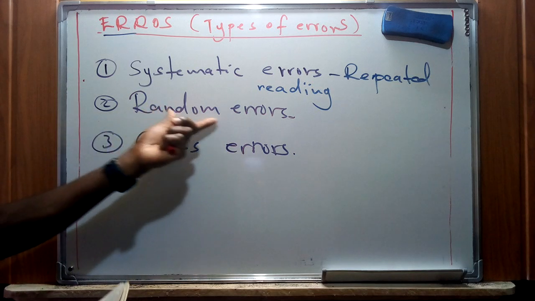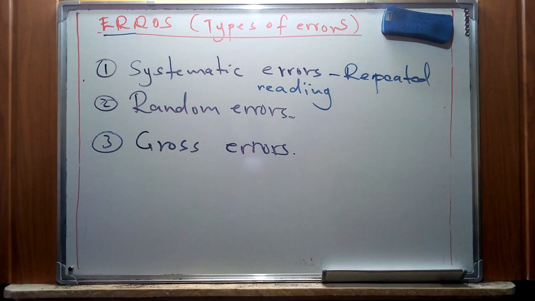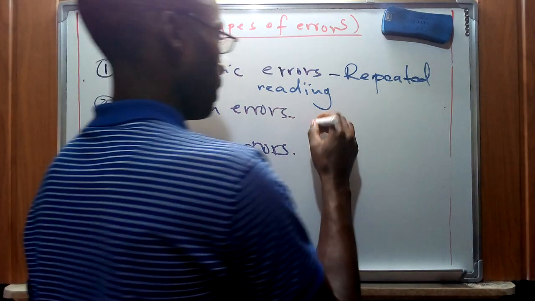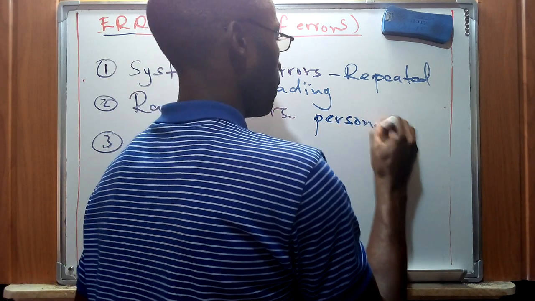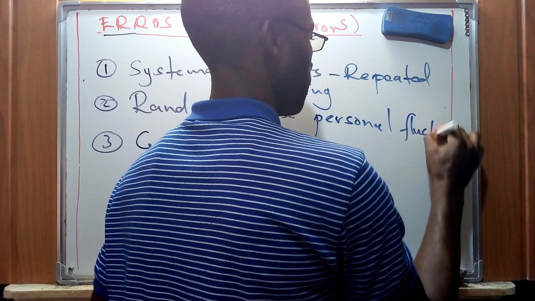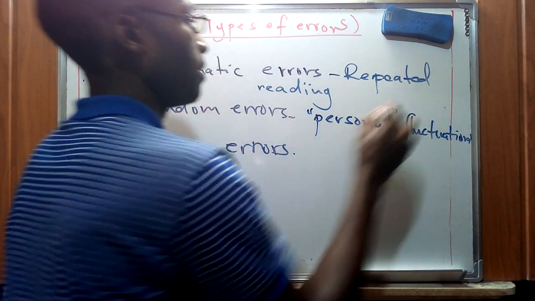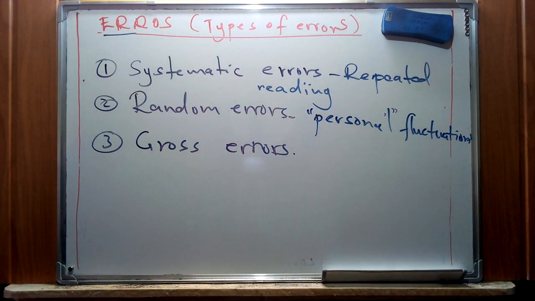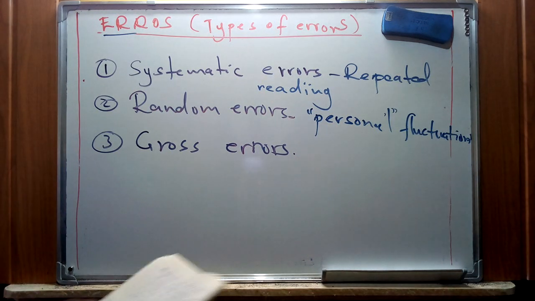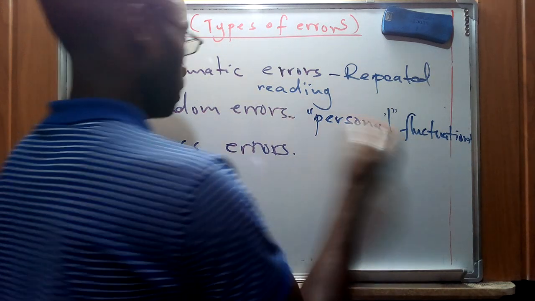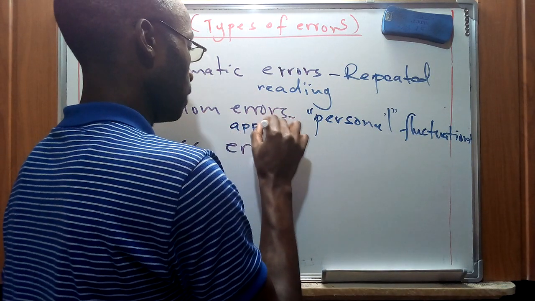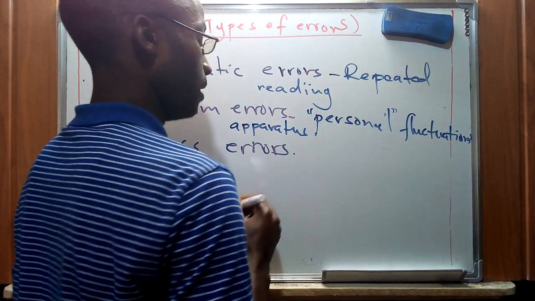Next, we are going to look at random errors. Roughly, we can define random errors as errors which are caused by personal fluctuations, and in this case, fluctuations of the apparatus or instruments that are used to perform this specific technique of measurement.